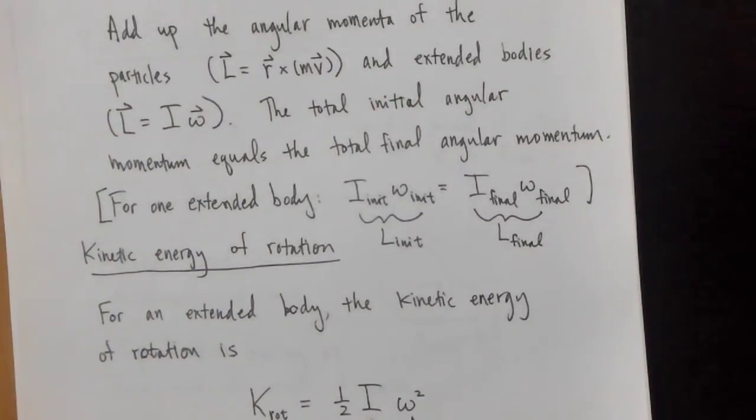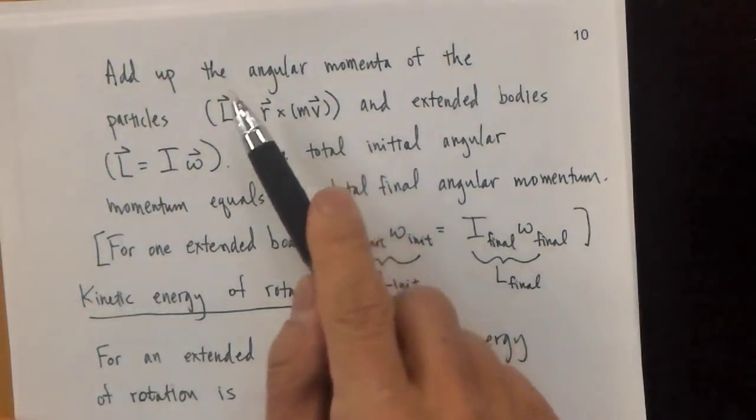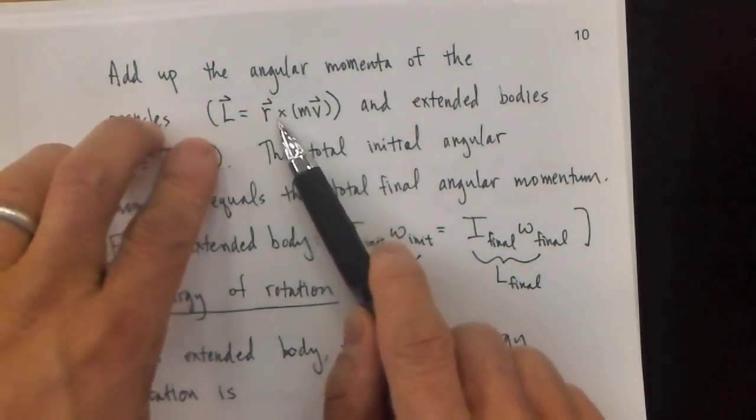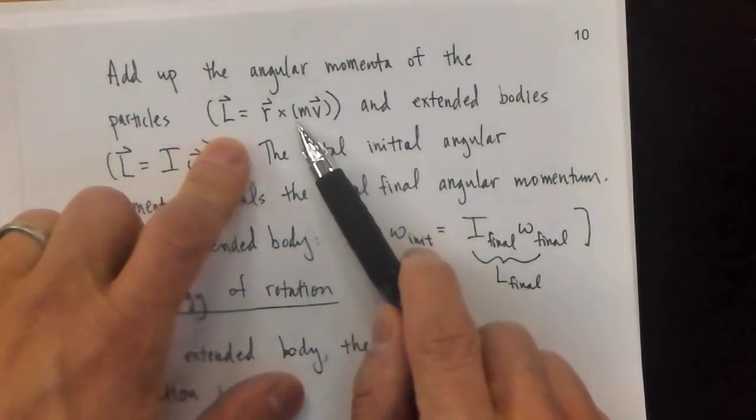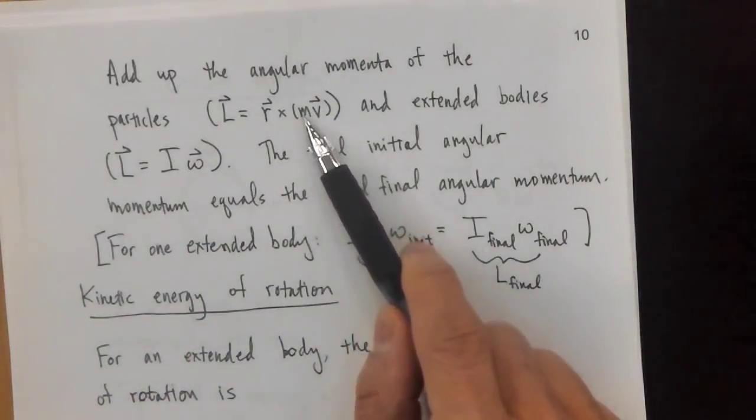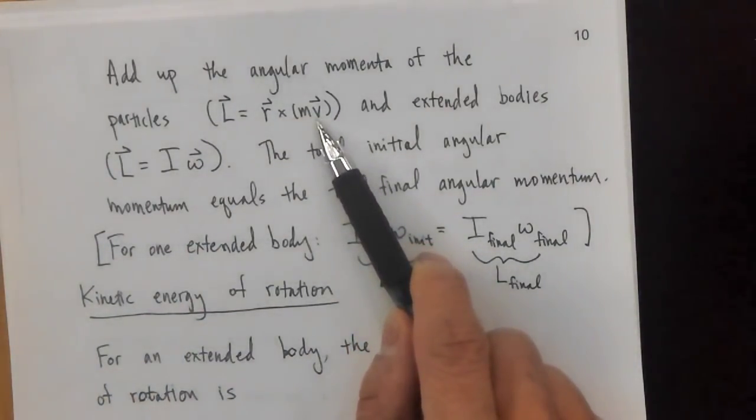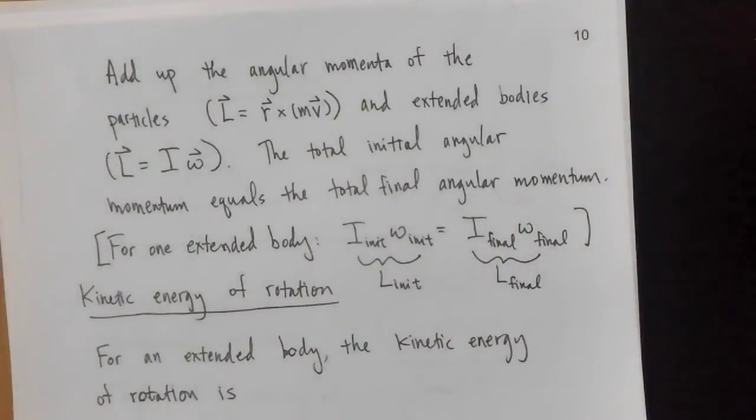So the idea is you add up the angular momenta of, let's say you have particles. If you have just plain old particles, then you can use the formula r cross m times v. By the way, with a particle, you have two choices. Sometimes they get asked this.